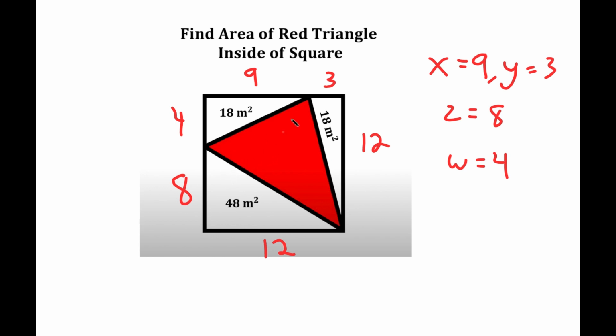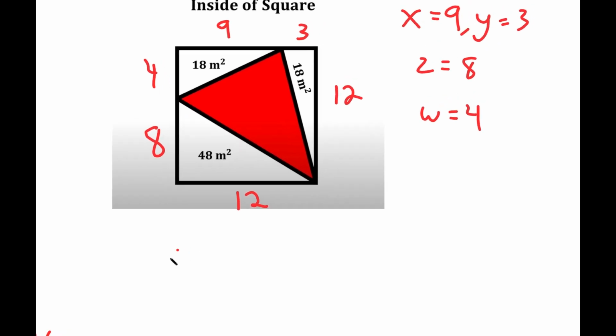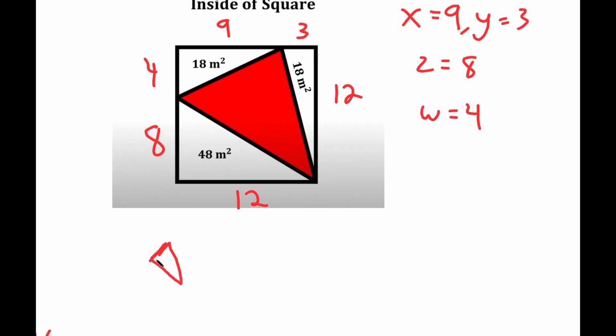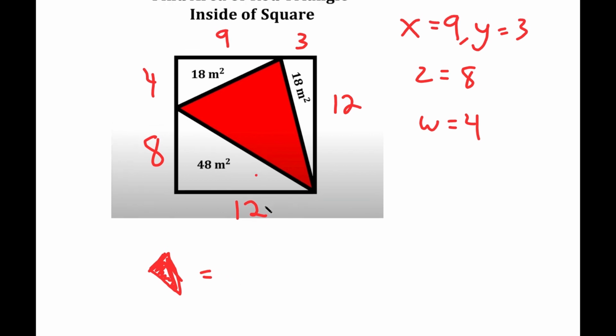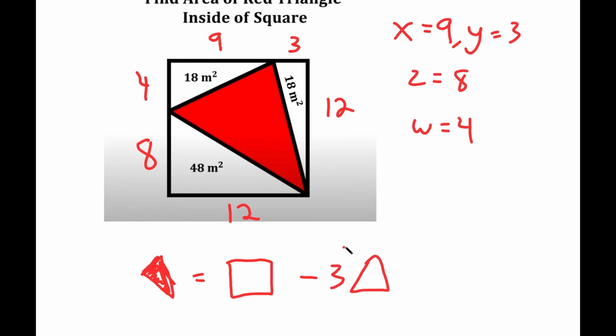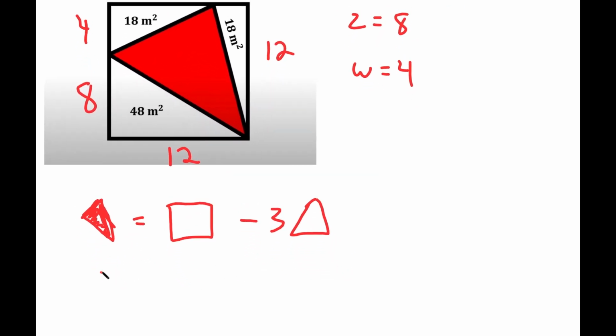So now the area of this red triangle is going to equal the entire area of the square minus the area of these three small triangles. The total area of the entire square is 12 squared, which is 144.